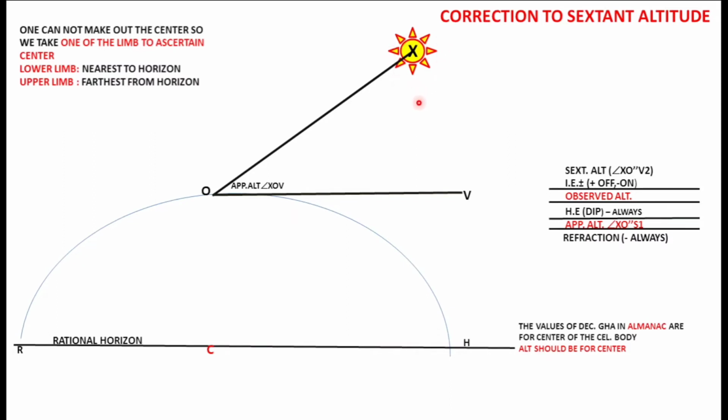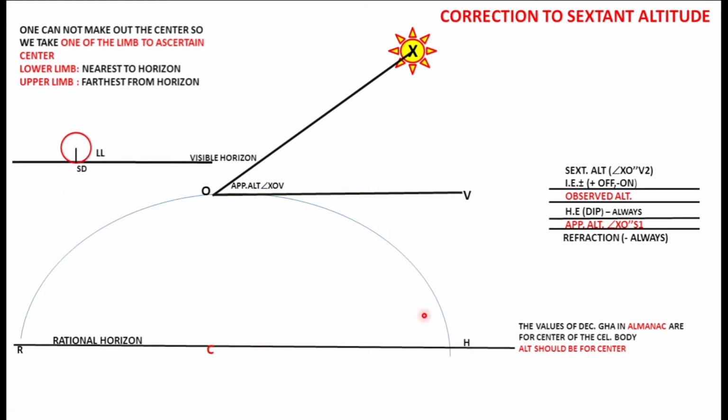It doesn't make a difference for stars and planets because they are too small to bother about the centers. They look like tiny dots. So in the case of sun and moon, we talk about limbs. One is the lower limb, which is closer to the horizon. And the one which is further away from the horizon, we call the upper limb.